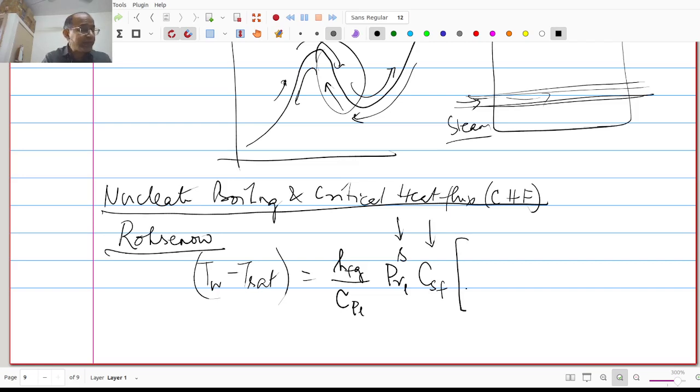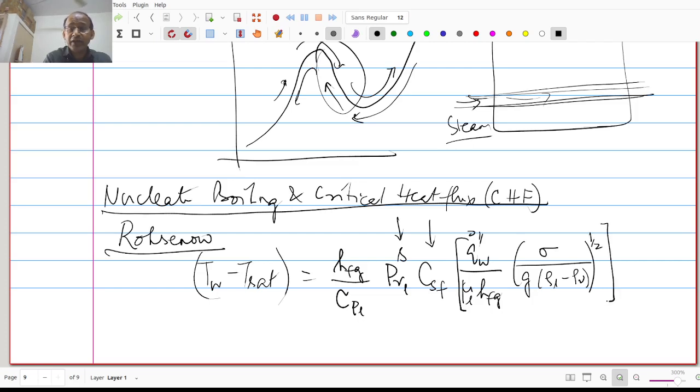Otherwise, the form of the equation is quite familiar. q dot double prime at the wall divided by mu liquid into h_fg, multiplied by the surface tension coefficient sigma divided by g into the density difference rho_L minus rho_V. This whole thing raised to the power of half, and this bracket raised to the power of 1 by 3. So this is the curve that Rohsenow fitted. In this, s is equal to 1 for water and equal to 1.7 for organic liquids.